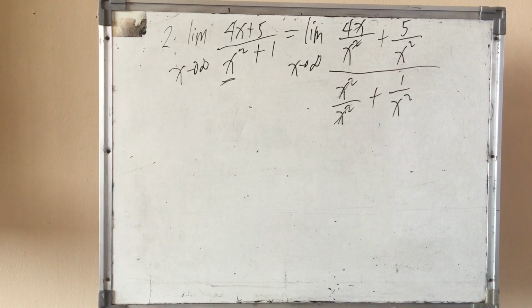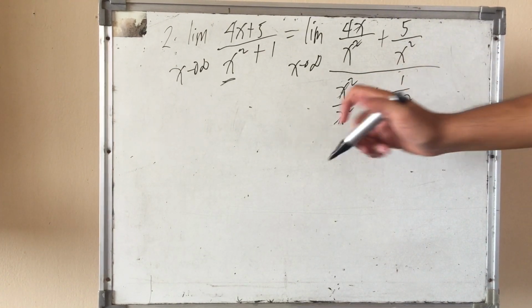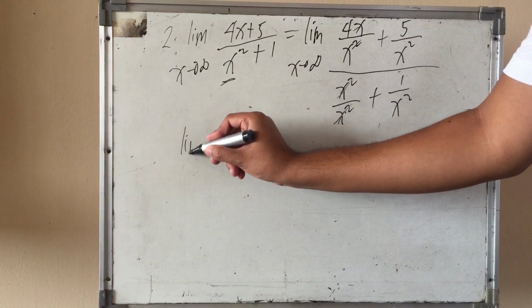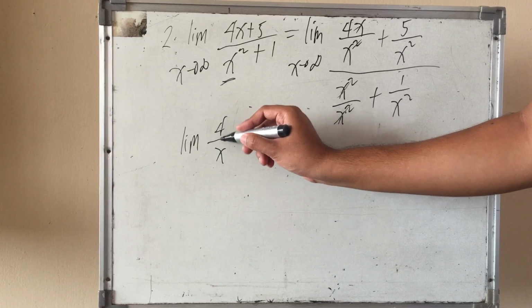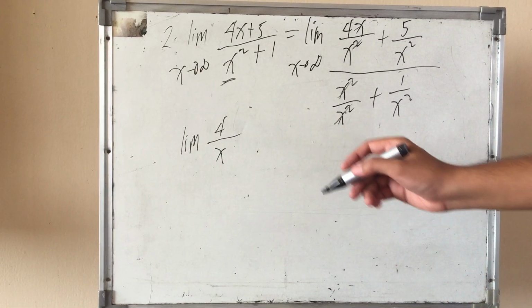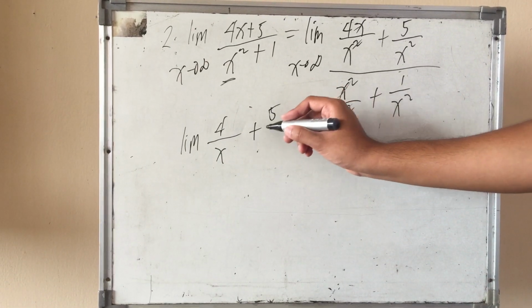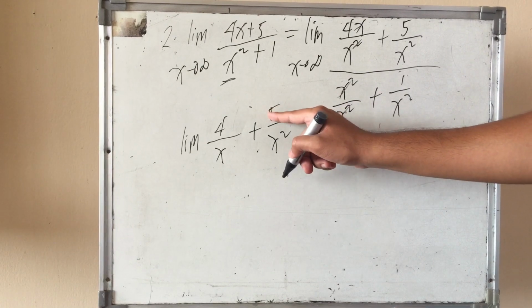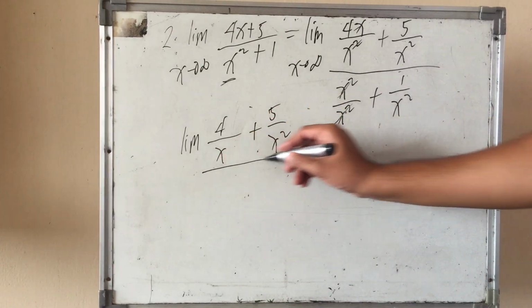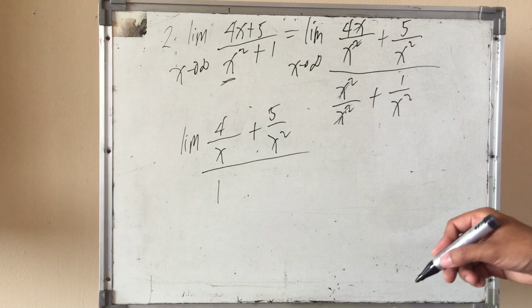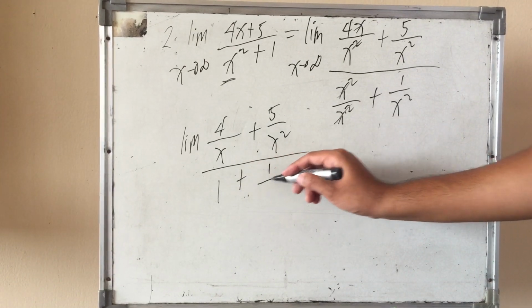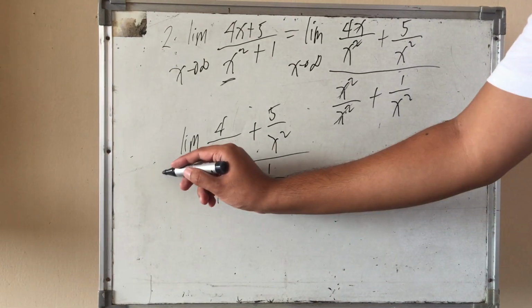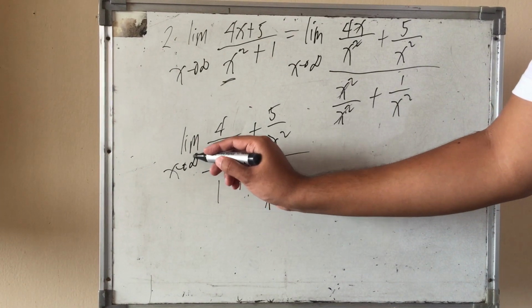Rewriting this equation, we have the limit of 4 over x plus 5 over x squared, divided by 1 plus 1 over x squared, as x approaches infinity.